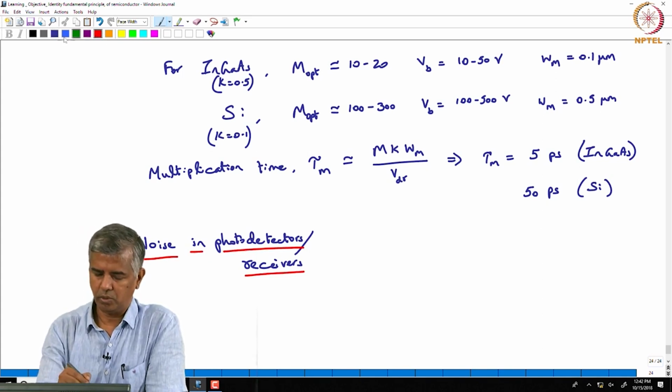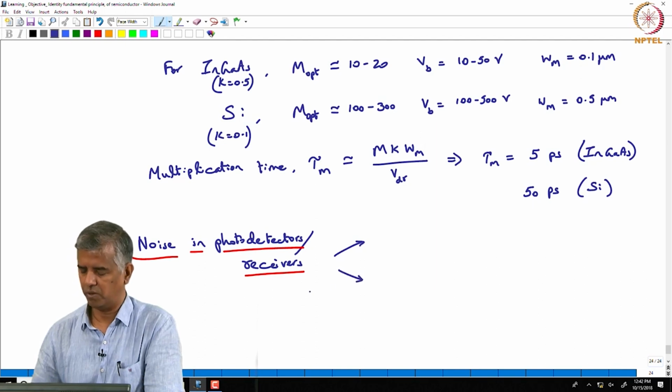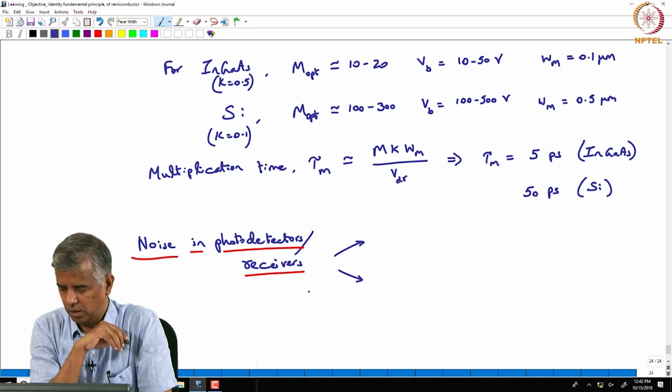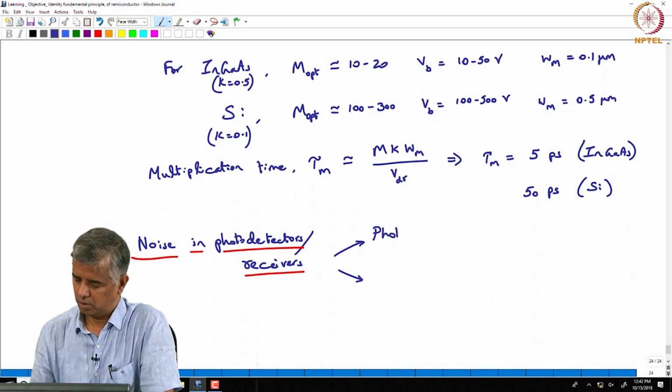When we talk about noise, there are primarily two types of noise associated with photo receivers. One is called photo electron noise.